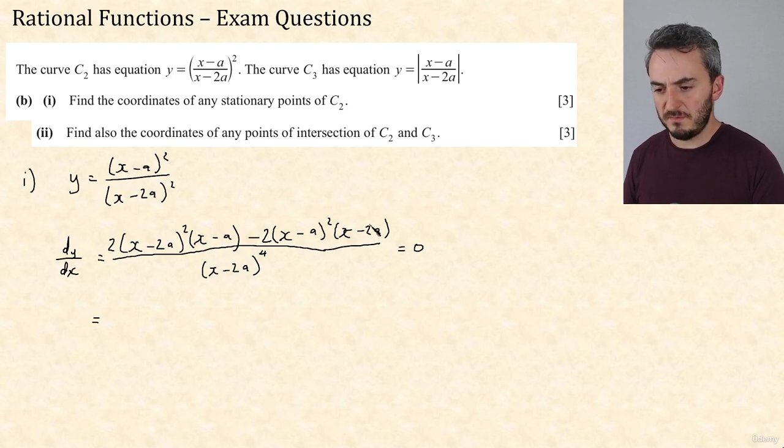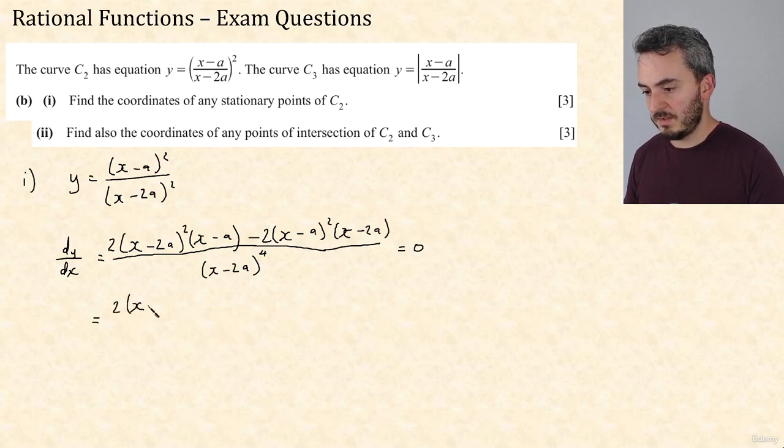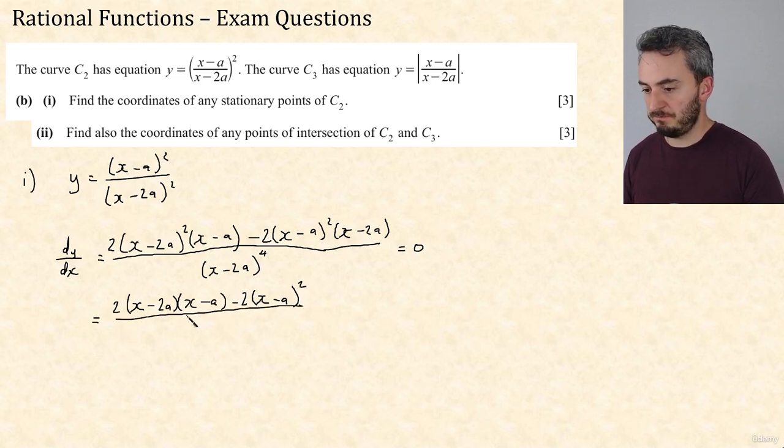It's only got one factor here, so I'll just divide top and bottom by x minus 2a. So that gives me 2(x minus a), but just one of them here, and then (x minus a) minus 2(x minus a), and then squared, and then nothing here. All over (x minus 2a) cubed, because I've cancelled one of them.